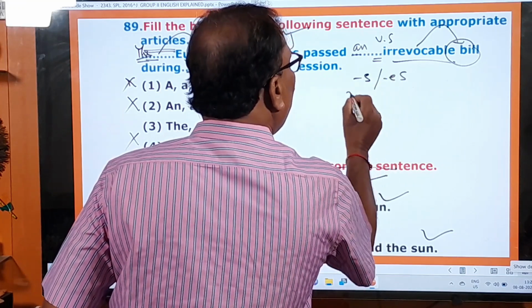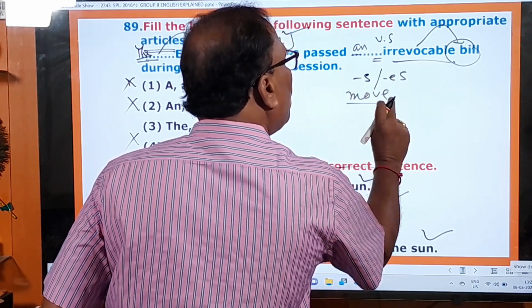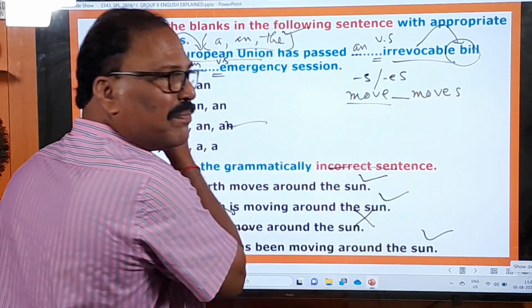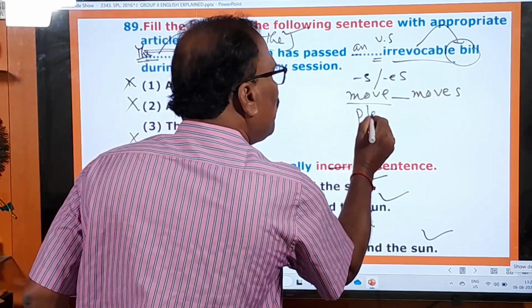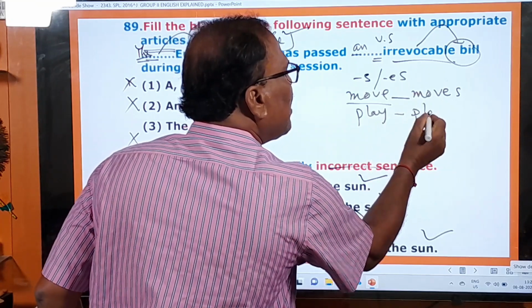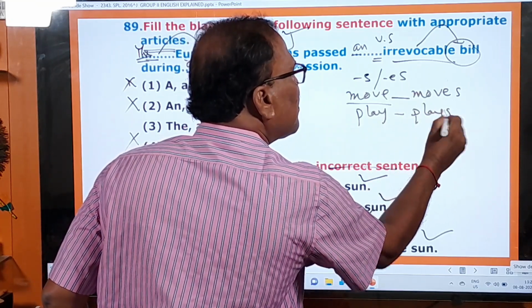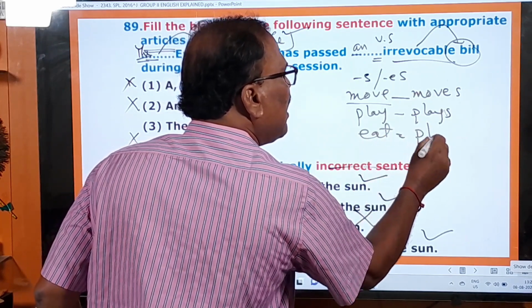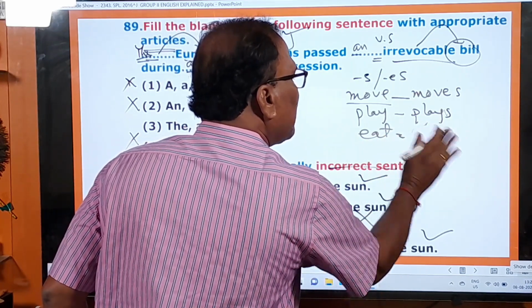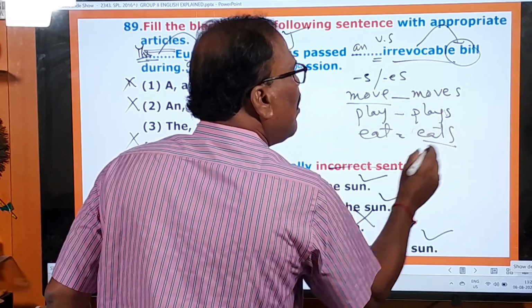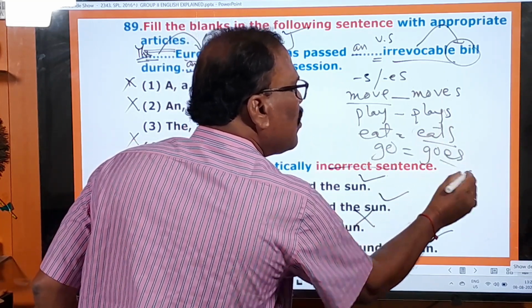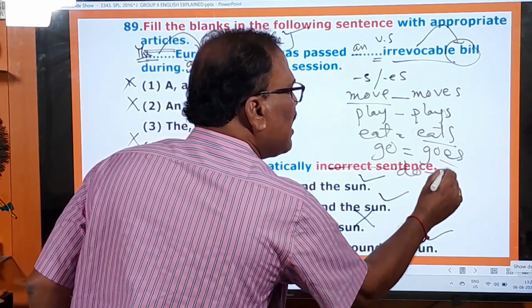For example, move is a plural verb; to make it singular, you add s. Play is a plural verb; to make it singular, plays. Eat, to make it singular, eats. Go, to make it singular, add es: goes. Do, to make it singular, does.